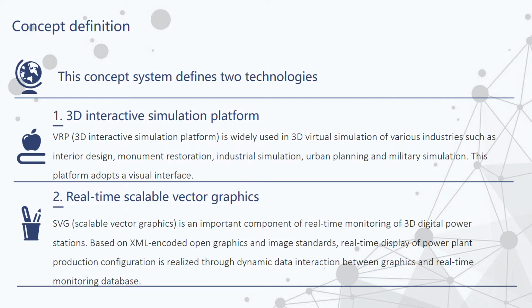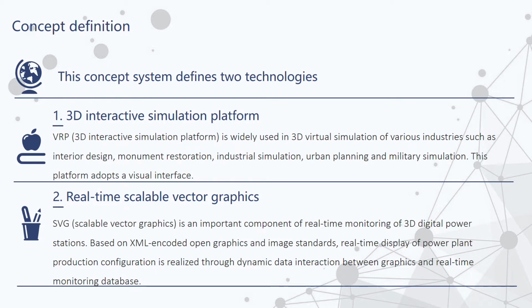This platform adopts a visual interface. And the complex three-dimensional scene control function can be realized by simple configuration scripts, which reduces the technical difficulty in the development of the three-dimensional scene. And the power station technician can carry out the three-dimensional scene design and development through simple links.